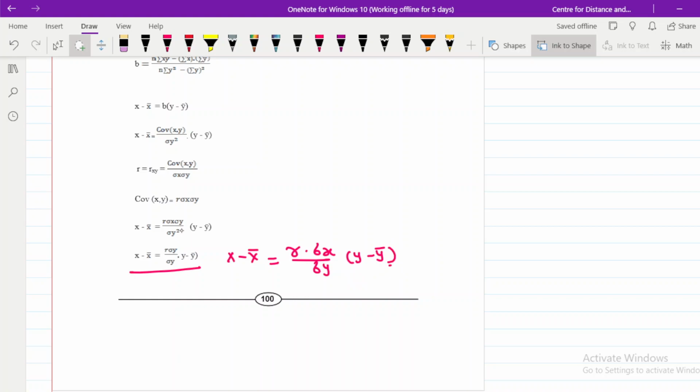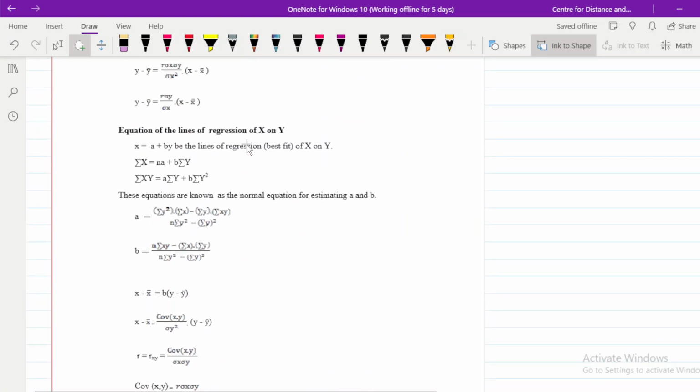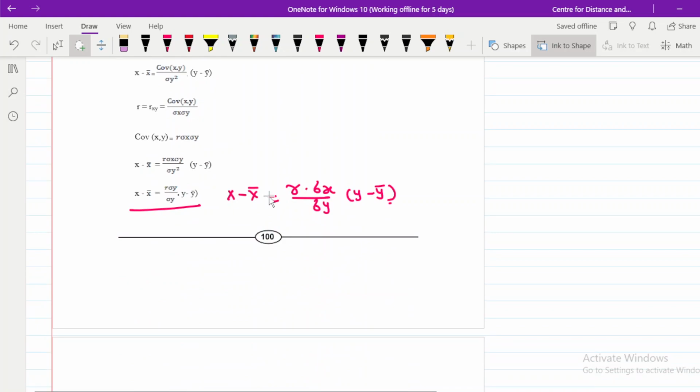Here again it's a printing mistake. This is the equation of the line of regression of x on y.